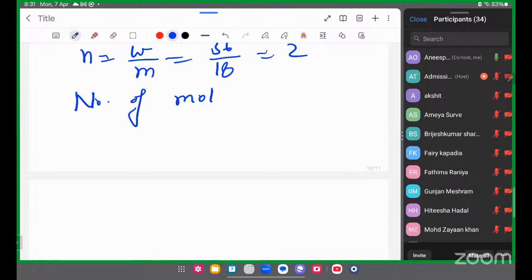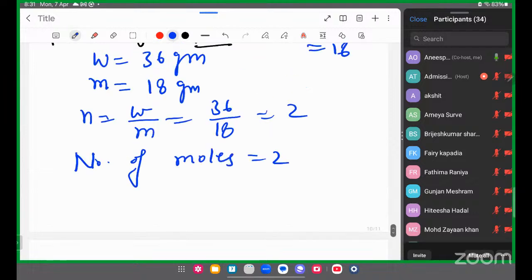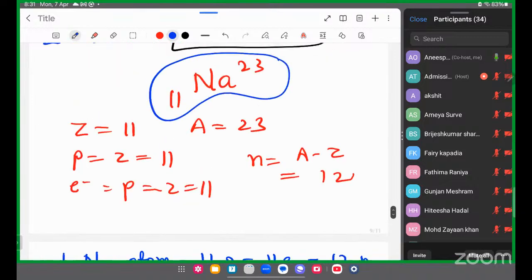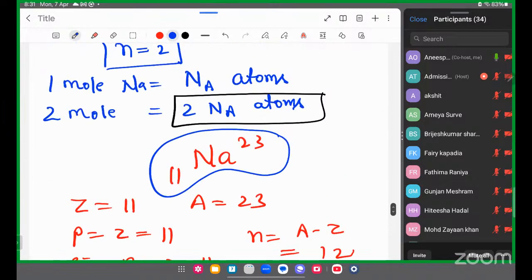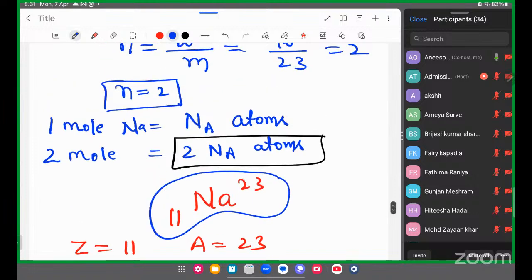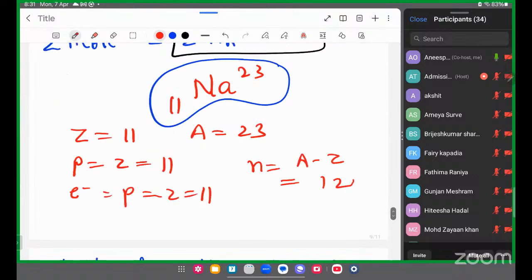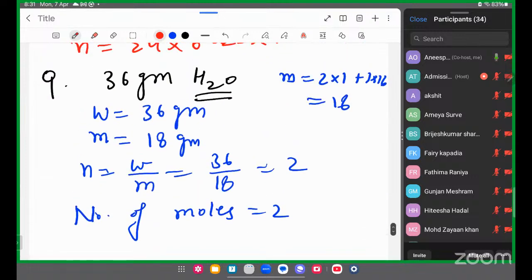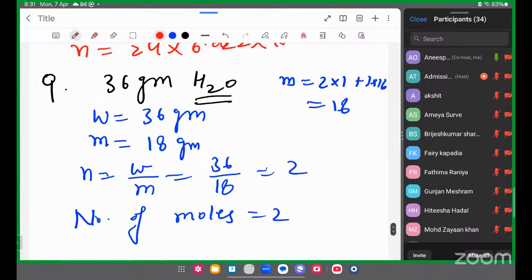Now in case of sodium, the constituent particle is atom. So we have taken 1 mole of sodium as 6.022 into 10 raised to power 23 atoms. We are not using the word molecule. But in case of H2O, the constituent particle is not atom.